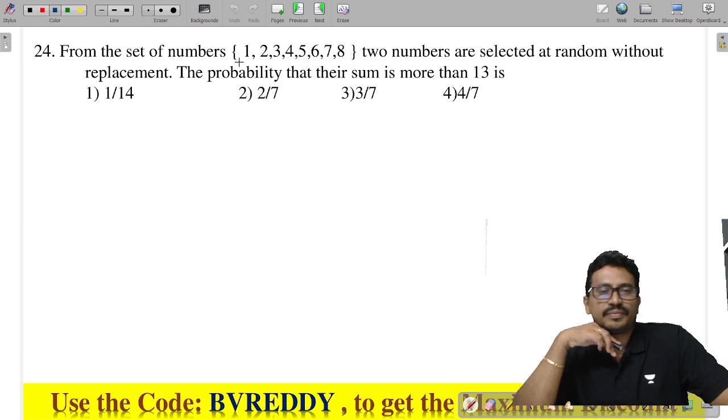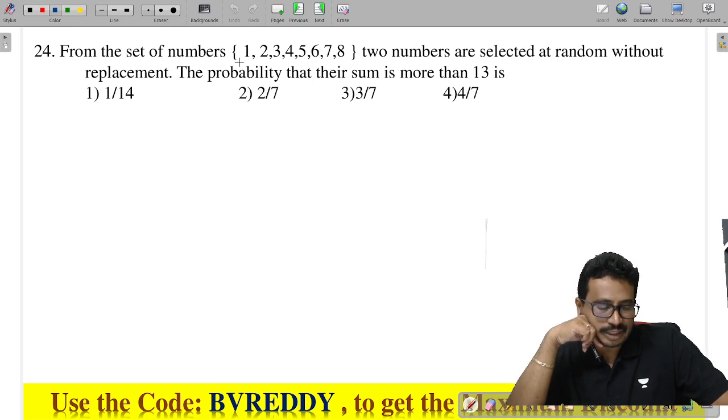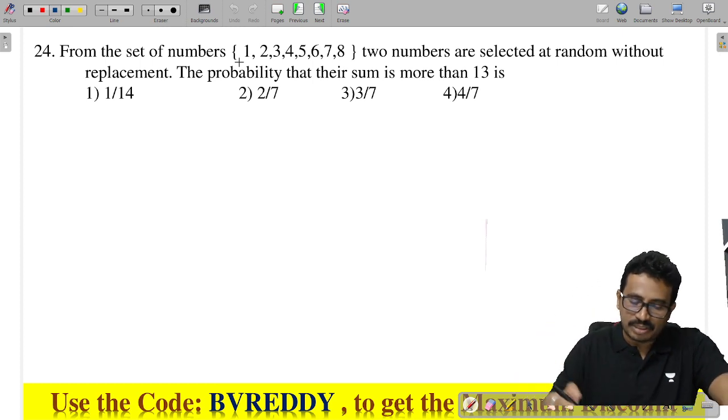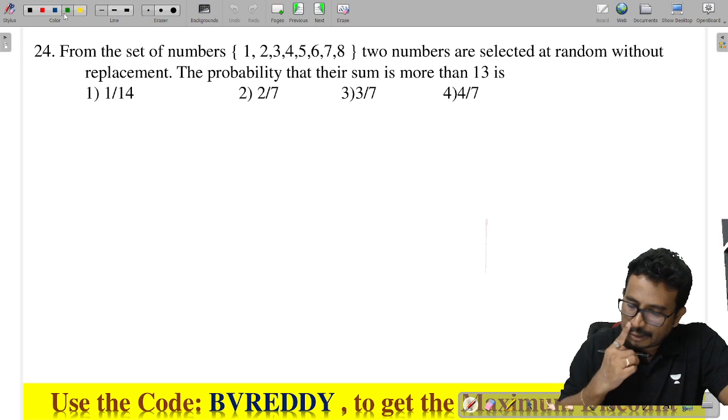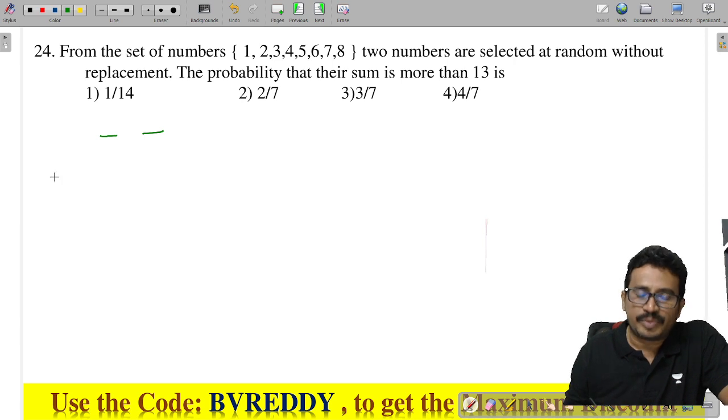Next. From the set of numbers, two numbers are selected at random without replacement. The probability that the sum is more than 13. Two numbers we have picked randomly.